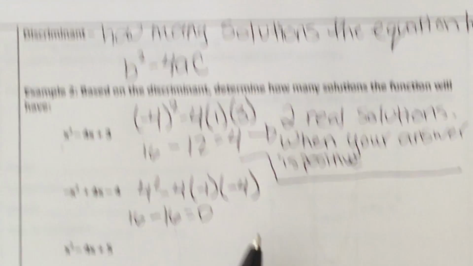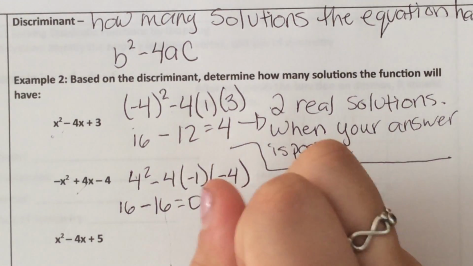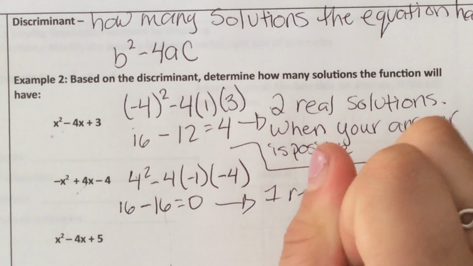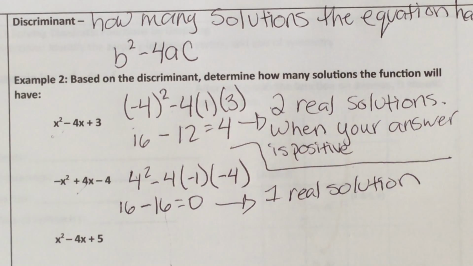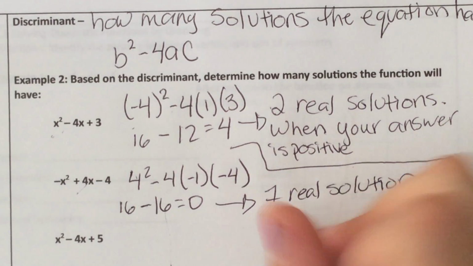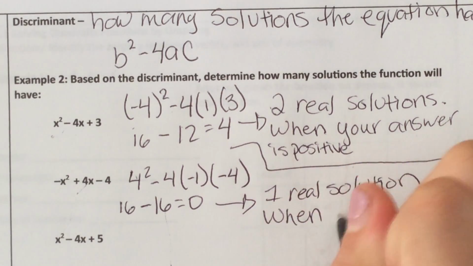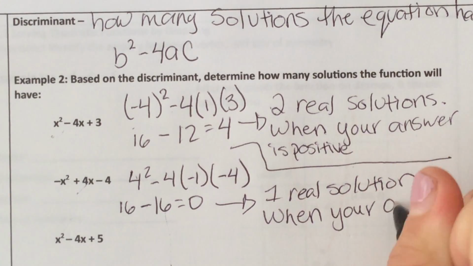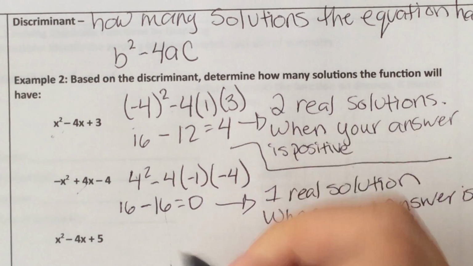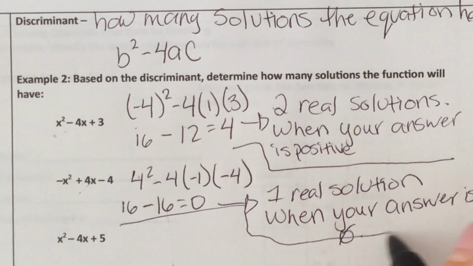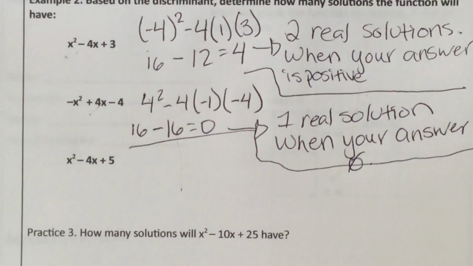So when your answer is 0, that means there is one real solution. That means it's only going to cross the x-axis once.